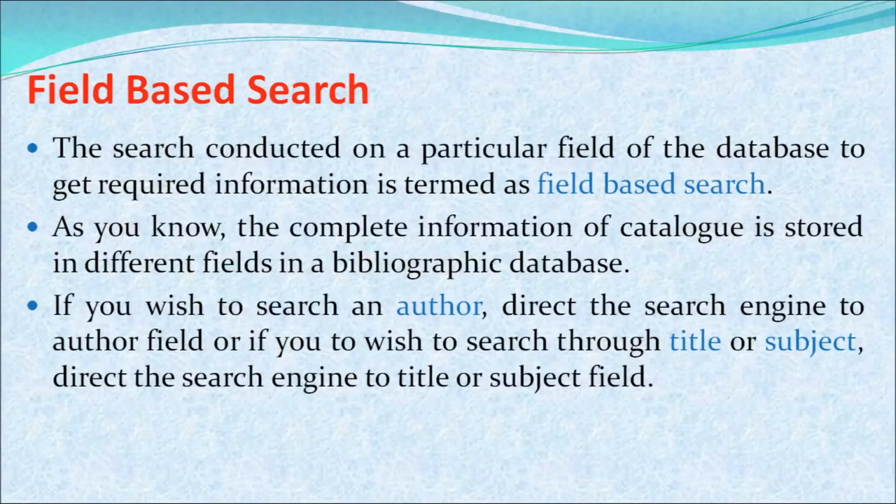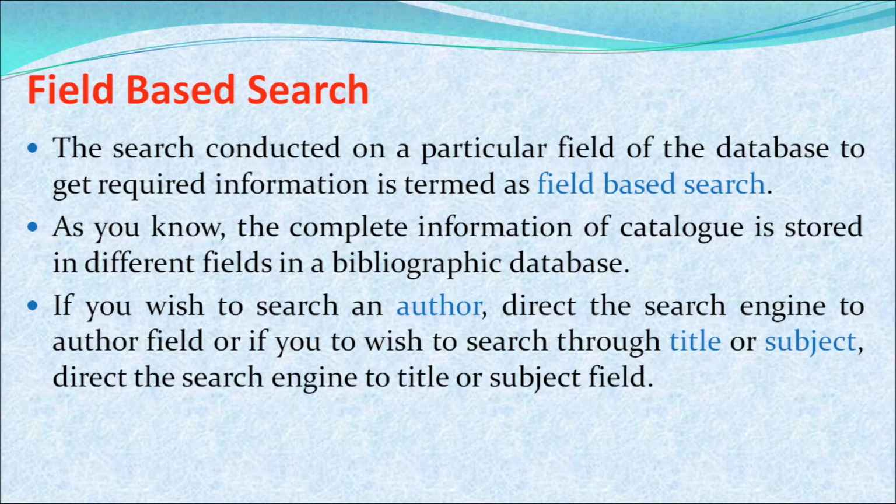Now we will talk about the field based search. The search conducted on a particular field of a database to get required information is termed field based search. As you know, the complete information of a catalog is stored in different fields in a bibliographic database.